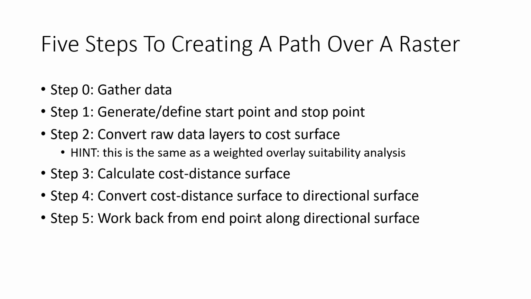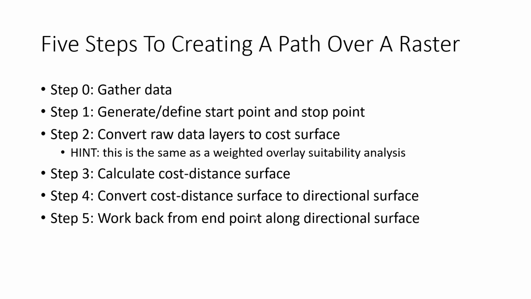And the way that we're going to approach this is to break it up into 5 steps, with the 6th step being make sure you have everything you need. So for the data gathering portion. What we're going to do is start by figuring out, given the 2 points that we have, which one we're going to start at and which one we're going to stop at.